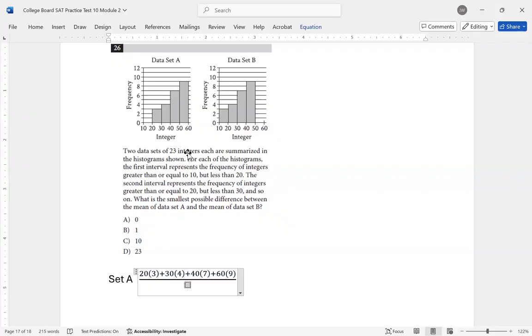And if you take a sum of 3 plus 4 plus 7 plus 9, that'll give you 23 total values in the data set.